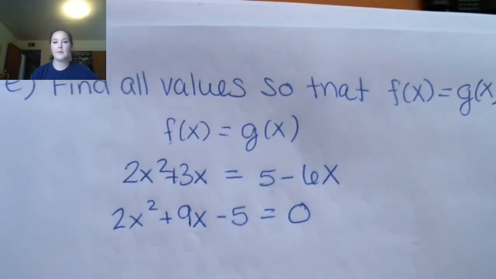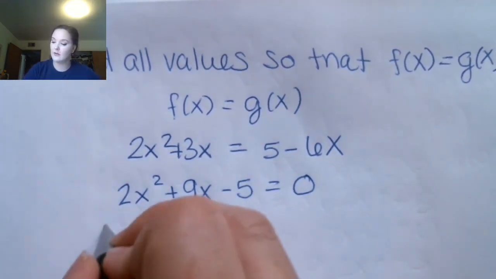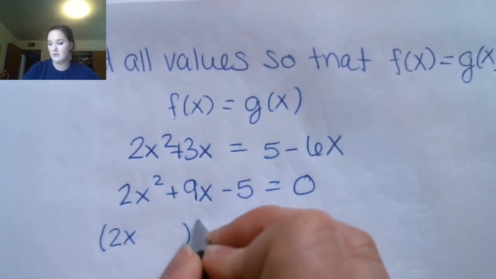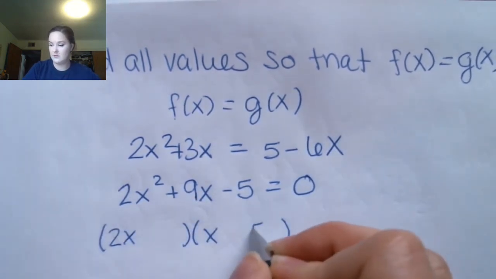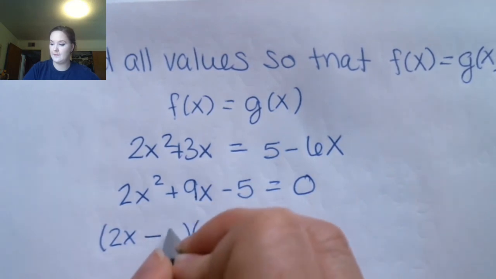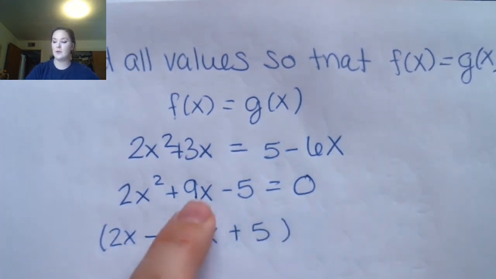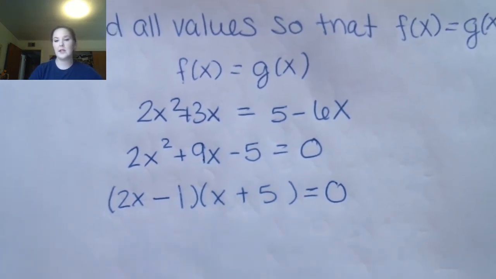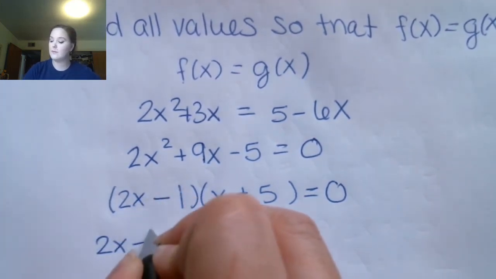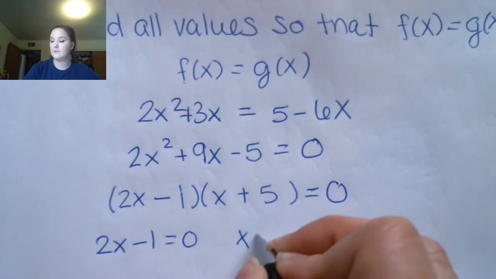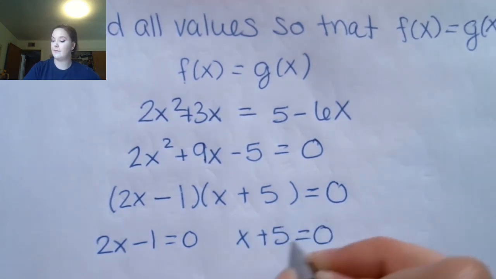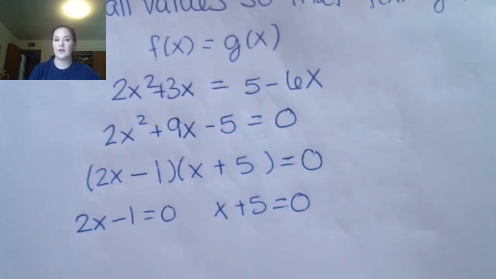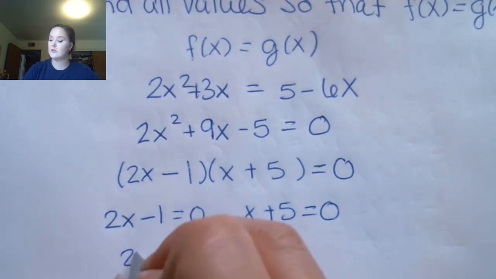Again, I'm going to solve this by factoring. 10 minus 1 is 9, so I know my factoring works. I'm going to set each of my factors equal to 0, and then I'm going to finish solving these two equations.